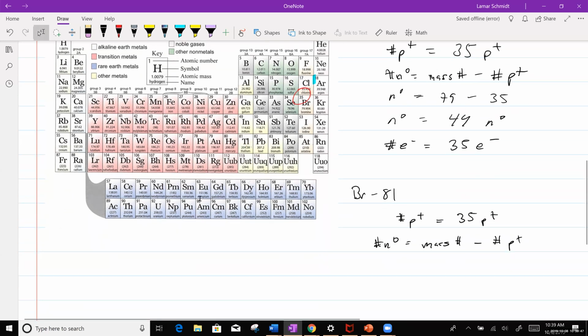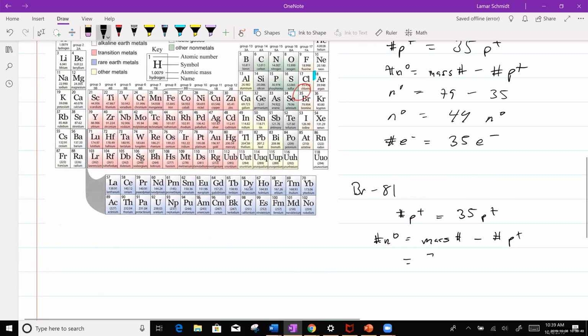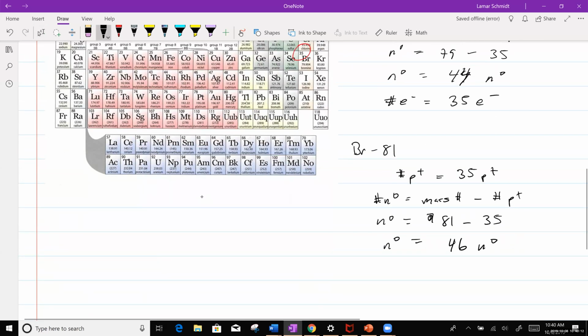All right, and so that is not 79, but 81, because now we're dealing with bromine 81, minus 35. And so what you get there is 46 neutrons. So our number of neutrons in bromine 81 is 46. And then our number of electrons is going to be the same as the number of protons, 35.